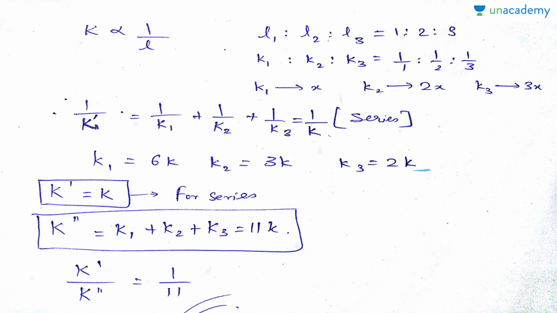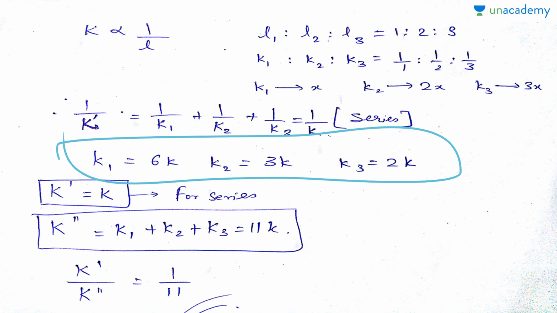So you will get K1 is equal to 6K, K2 is equal to 3K, K3 is equal to 2K. This will come upon substituting the values of K1, K2 and K3 in this equation and solving it, and again substituting the value of x. So we get these three values.